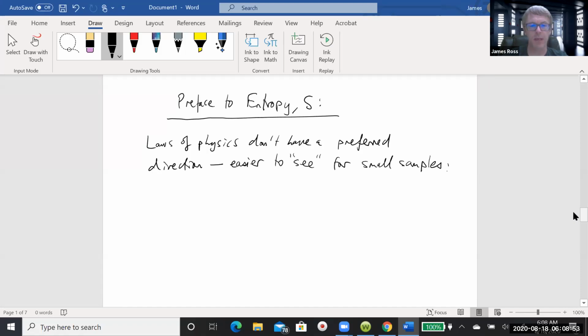And this is what I mean. So let's say you have a molecule here, I've shaded it in black, and this molecule is on a collision course with a molecule that I haven't shaded at all. So let's say this molecule is moving in that direction, and this molecule is on a collision course in that direction.